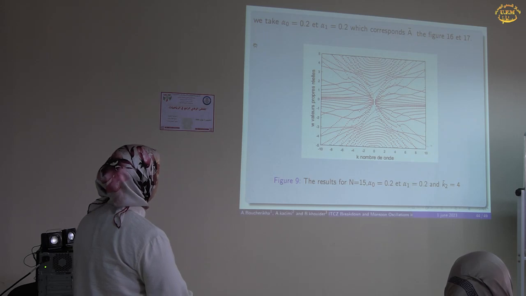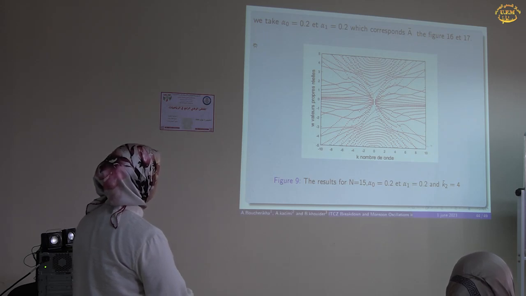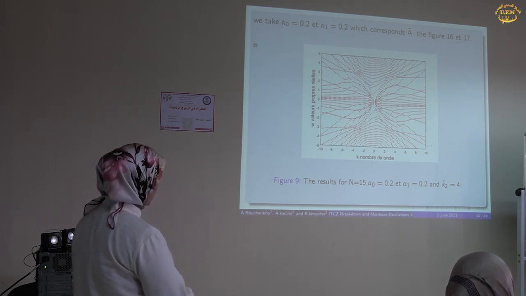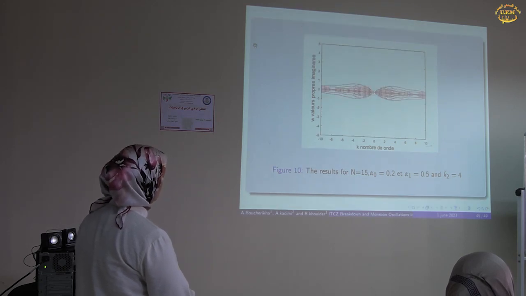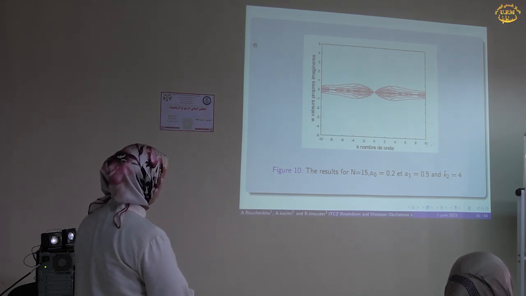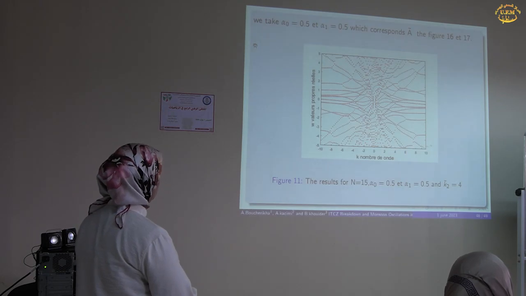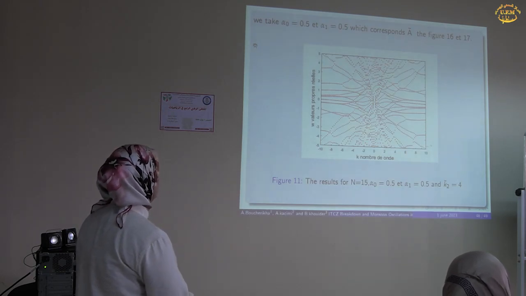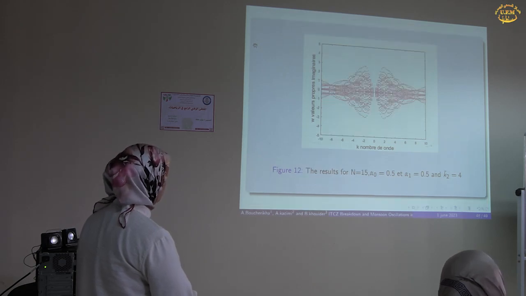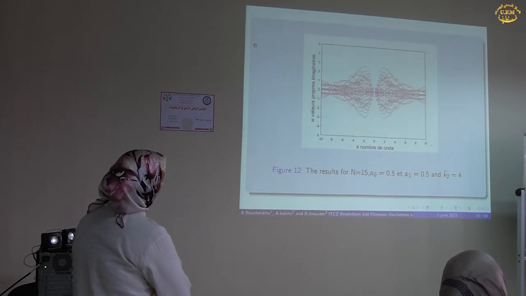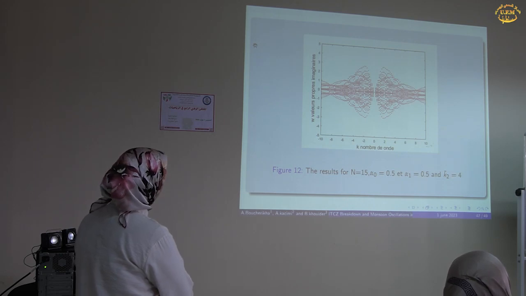And here the real part for alpha 0 and alpha 1 both equal to 0.2. And here the imaginary part for alpha 0 equal to 0.2, alpha 1 0.5. And here the real part when alpha 0 and alpha 1 equal 0.5, and finally the imaginary part for alpha 0 and alpha 1.